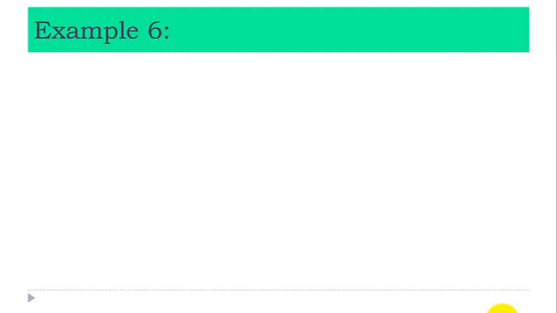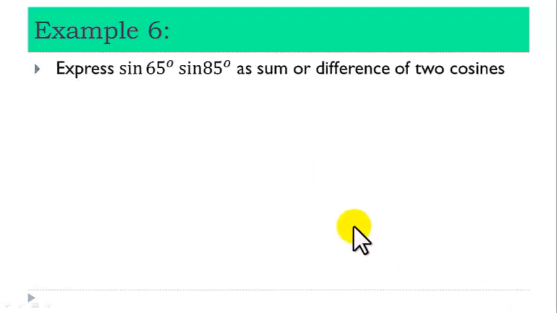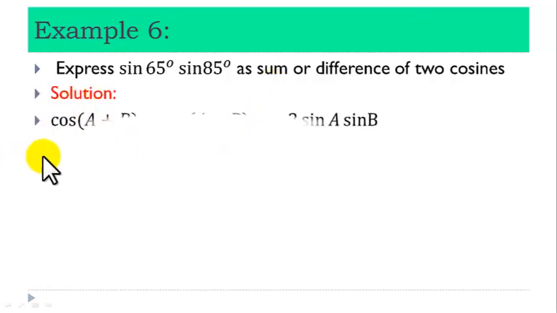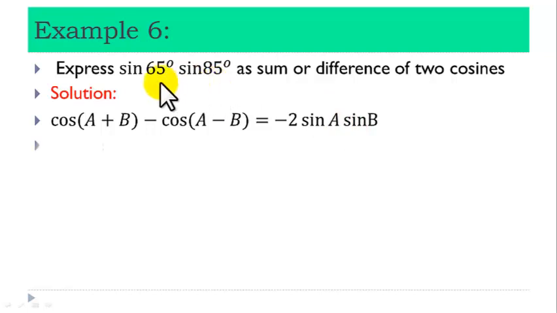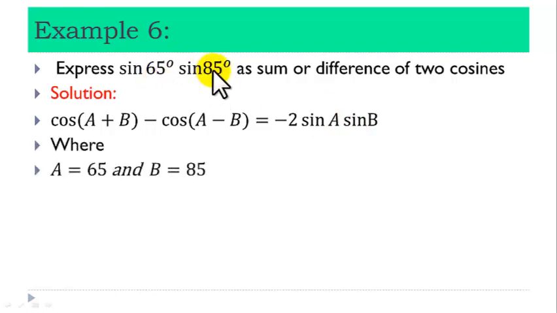Example 6. Express sin 65 degrees sin 85 degrees as a sum or difference of two cosines. Solution. We recall that cos(A plus B) minus cos(A minus B) is equal to minus 2 sin A sin B. Let us put A equal to 65 degrees and B equal to 85 degrees in this equation.